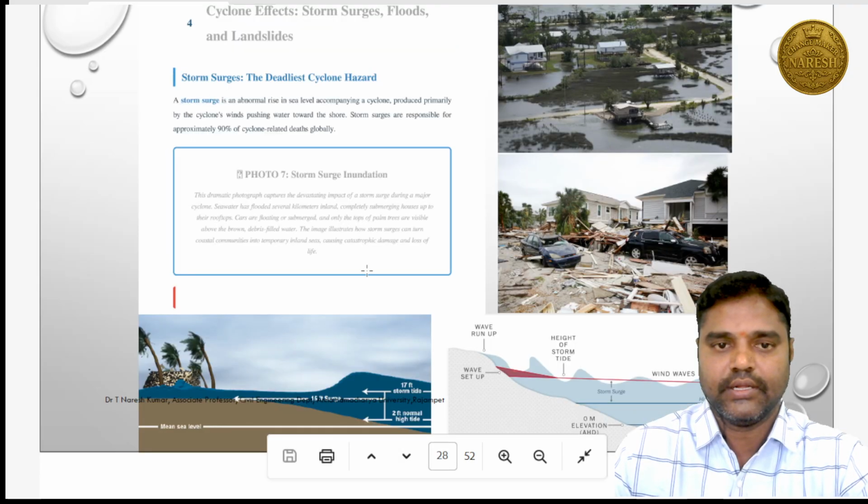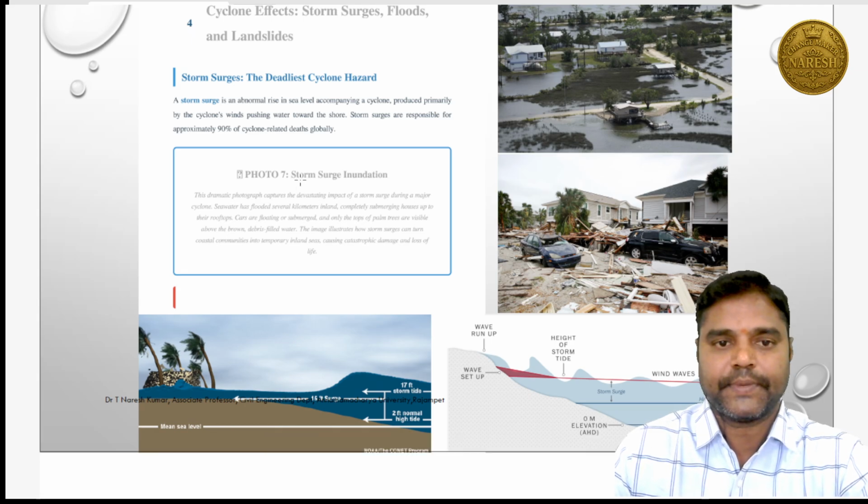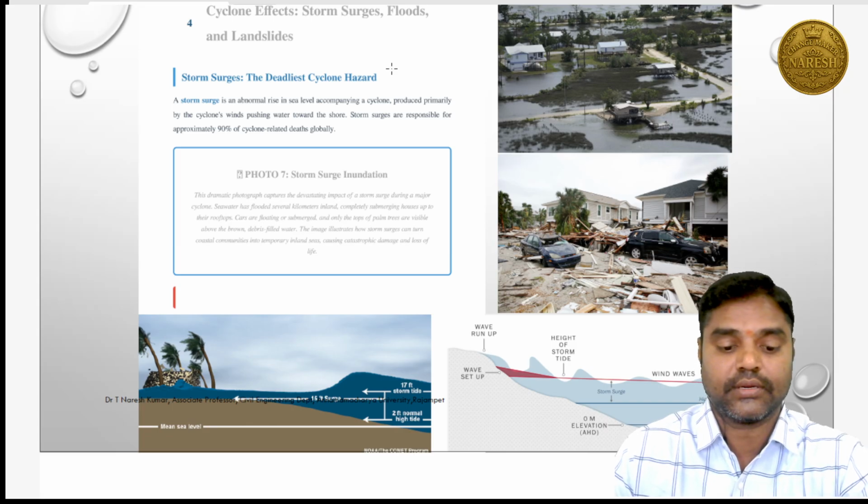Then when you see the cyclonic effects, the principal threats from a cyclone are gale and strong winds, torrential rains and storm surges. These are called the cyclonic effects. In this we'll have infrastructure damage, socio-economic impact, and health hazards also.